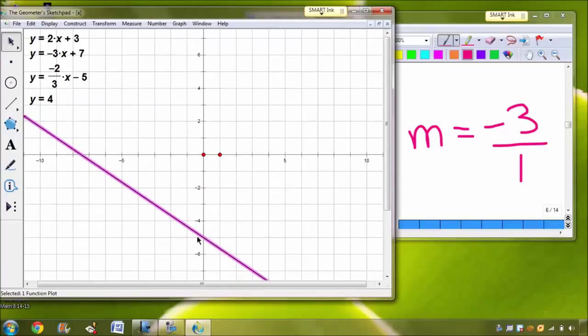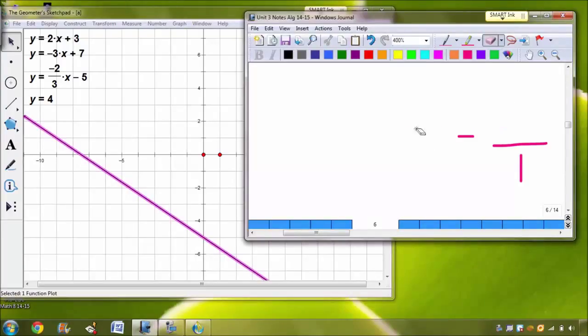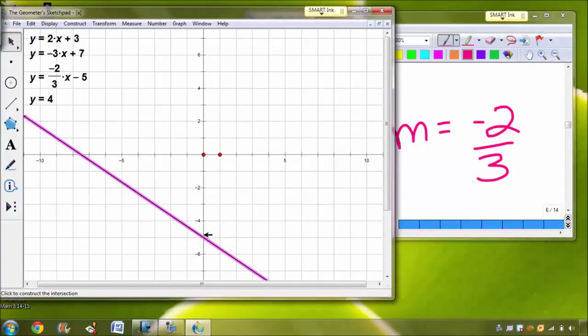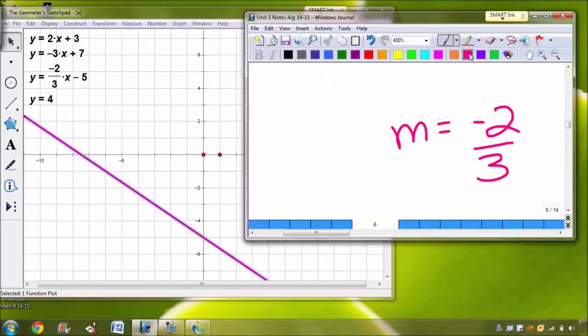So we're going to graph this function out, and let's see where it crosses the y-axis. Well, it crosses at negative 5, and then for the slope, the rise is down 2 and to the right 3 is the run, so it's negative 2 over 3. Since the rise is negative 2 and the run is 3, our slope is negative 2/3. But we can say the opposite as well. We can say that this is up 2, so I'm allowed to say that here the slope is positive 2.